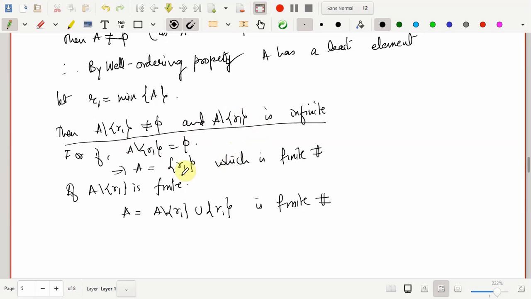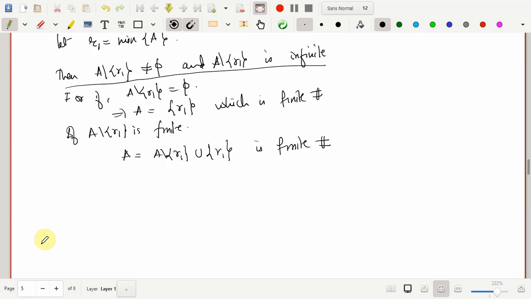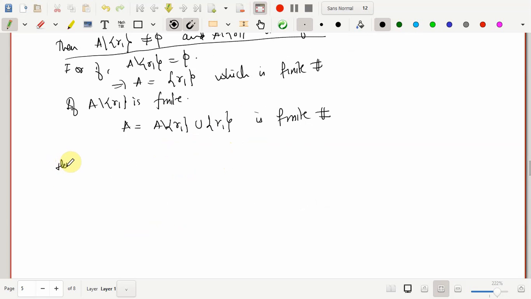In fact this idea can be used again and again, as we will be having infinitely many such Ri. So again you note that A difference R1 is contained in N, and therefore it has a least element, and A difference R1 is non-empty.